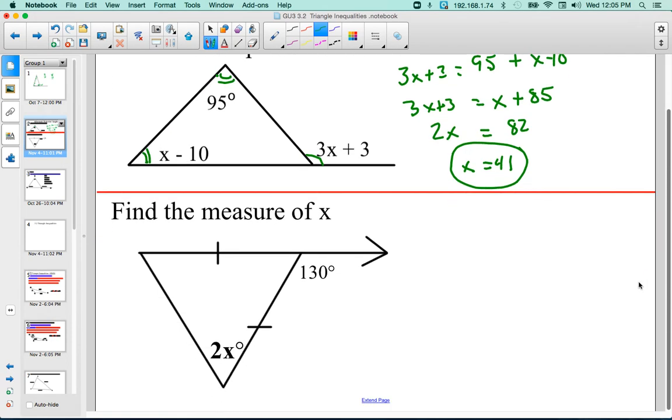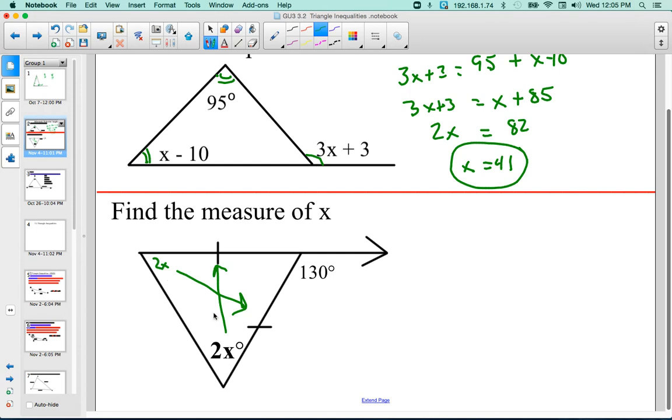If we take a look at the second one, now this one, they're using a couple different properties here, but the fact that I see we got these two sides that are the same makes this triangle isosceles. So I can actually figure out that if that's 2x, because it's across from this congruent side, this angle would be the same angle because it's across from this congruent side.